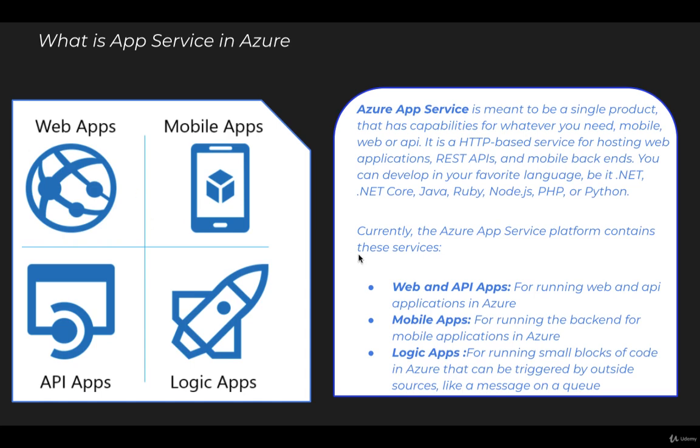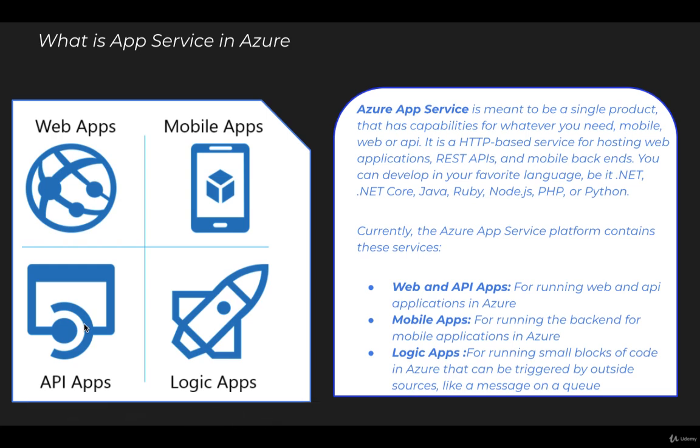Certain applications need APIs to expose data so that other consumers can use those APIs to consume the data from your application, and you can create RESTful web APIs with the help of API apps. And then we have mobile apps.